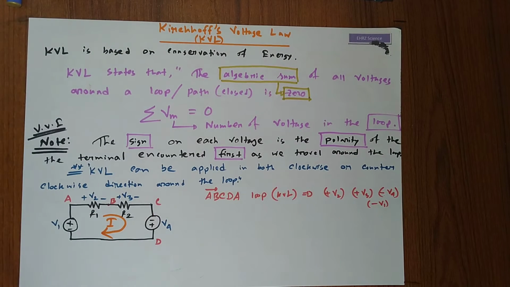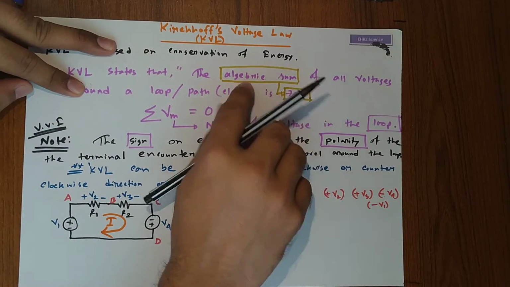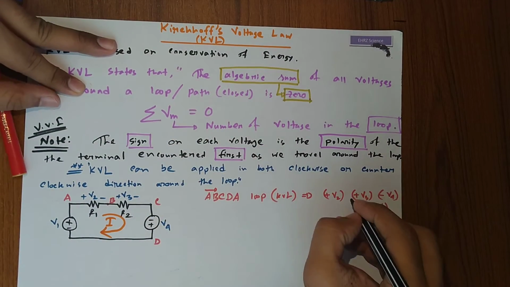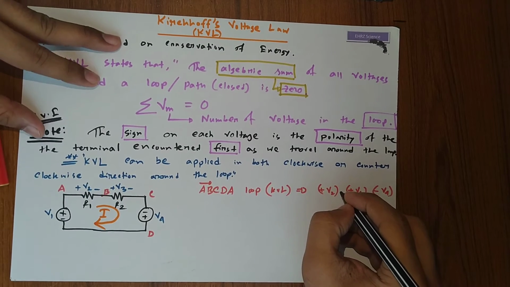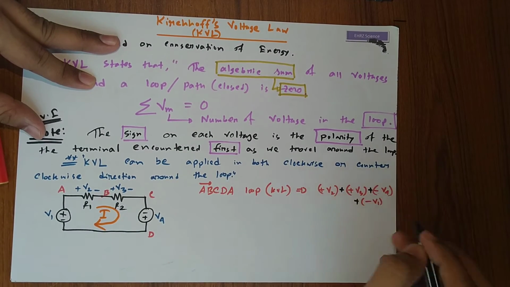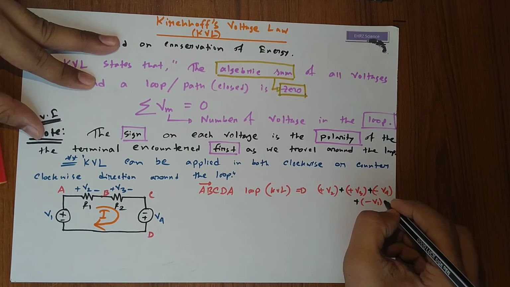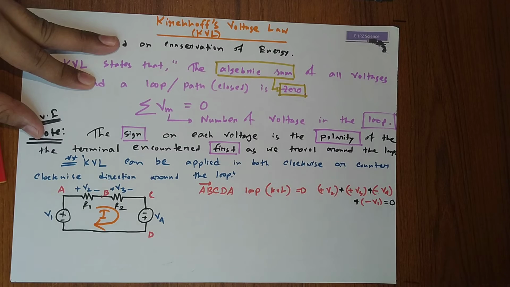Now what you have to do is take the algebraic sum. So we need to sum these quantities, V2, V3, V4 and V1, and the summation result will be 0.